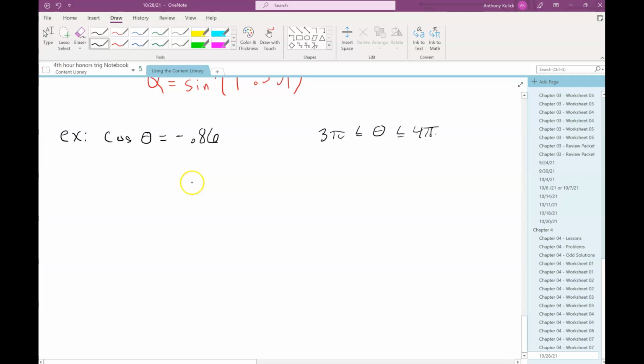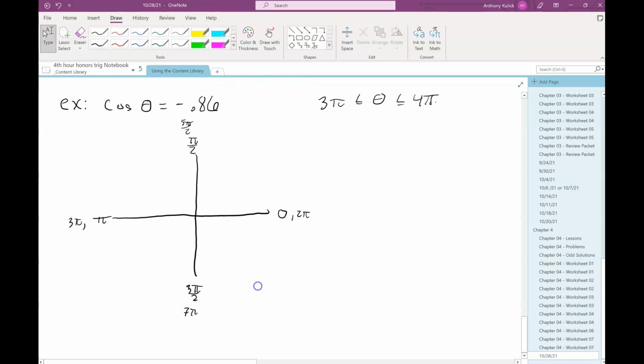So we'll start by drawing our picture: 0, pi over 2, pi, 3 pi over 2, 2 pi, 5 pi over 2, 3 pi, 7 pi over 2, and 4 pi. So we're looking at this section down here.